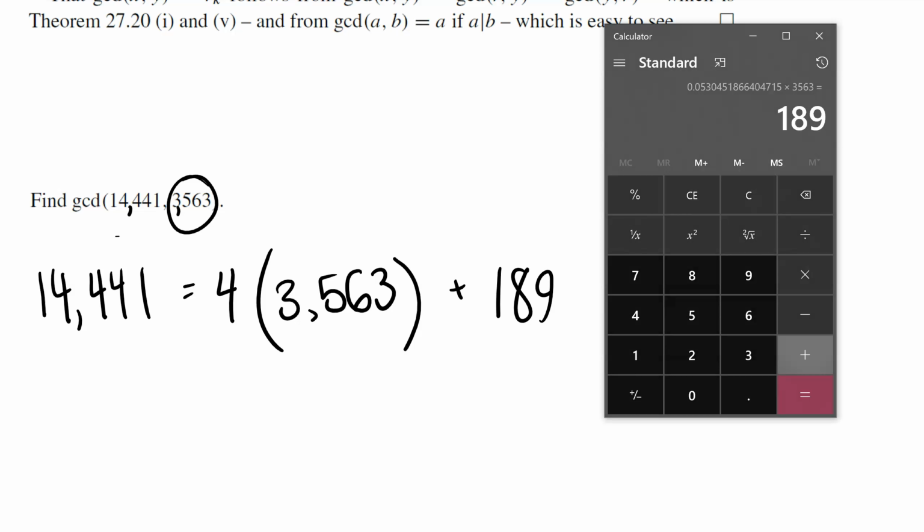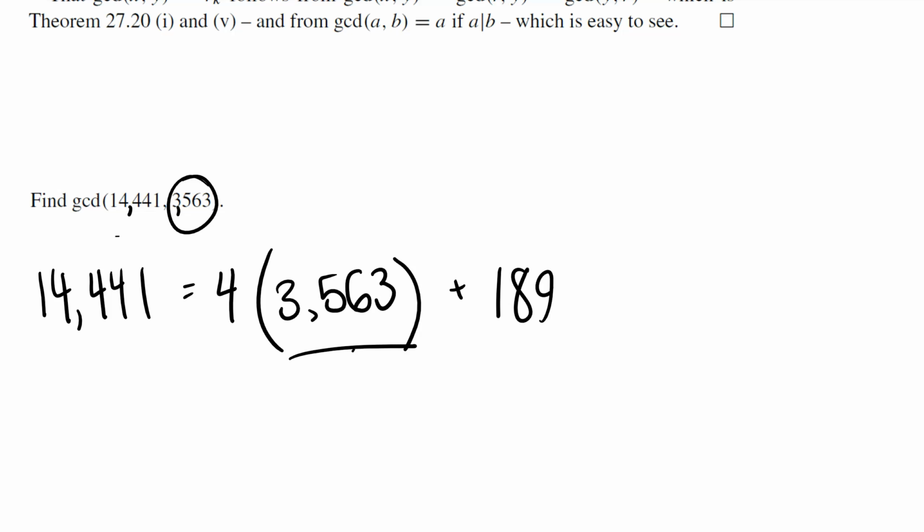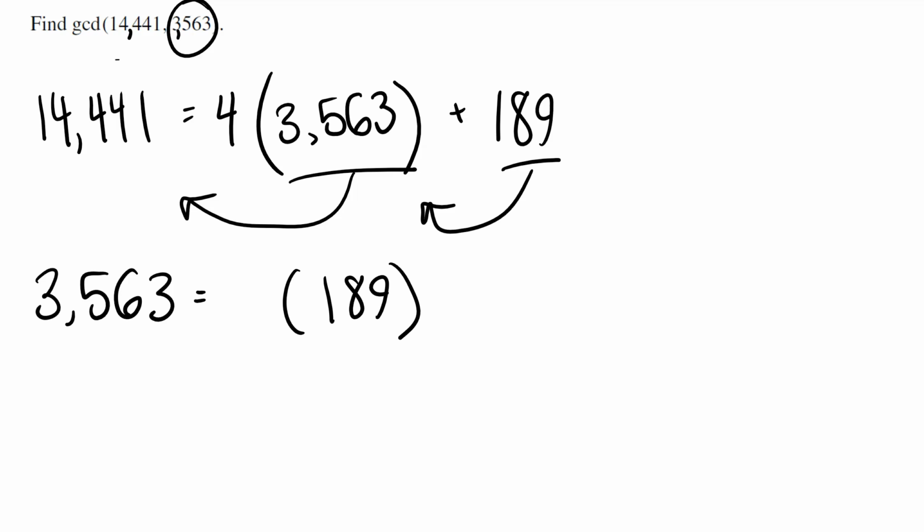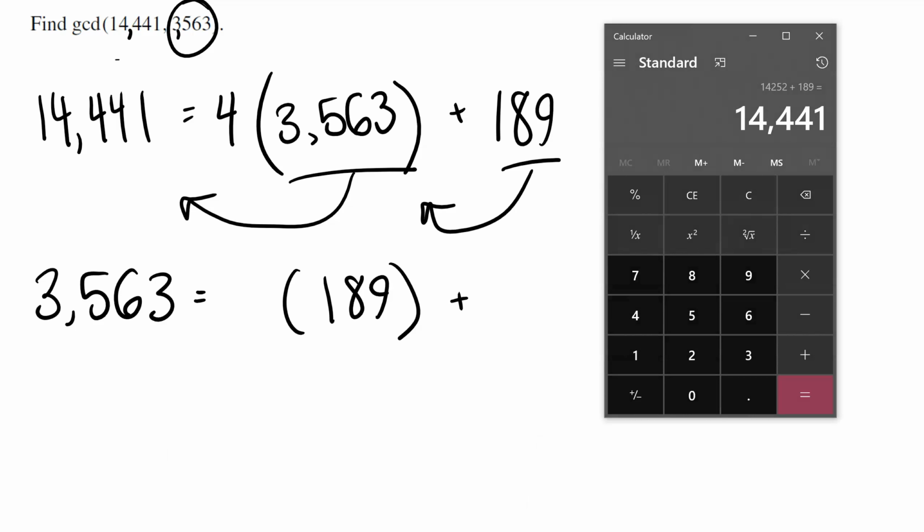And if you would like to check me on that, we can. So let's do it. 4 times 3563 equals that plus 189. Boom, roasted. Okay, cool. So now we're going to move this over and this over. So now we have 3563, and we want to know how many times does 189 multiply into that?